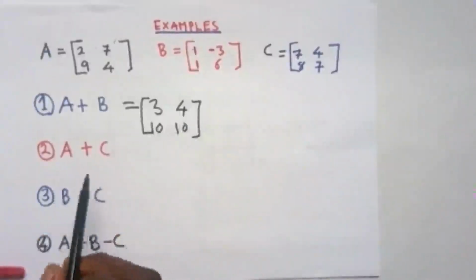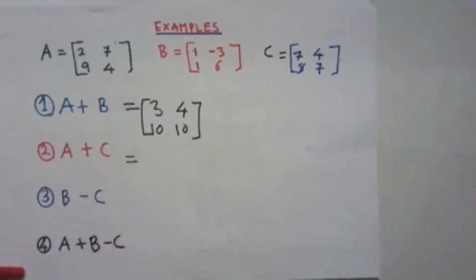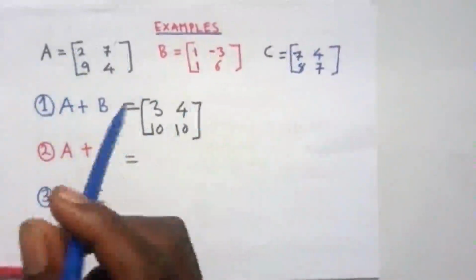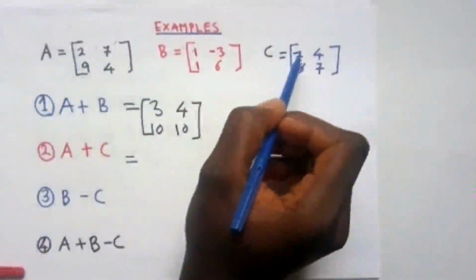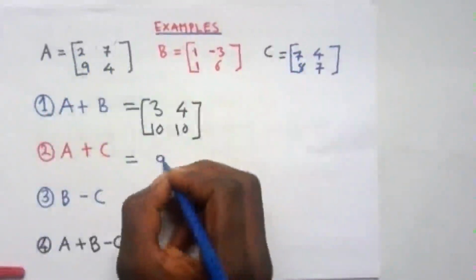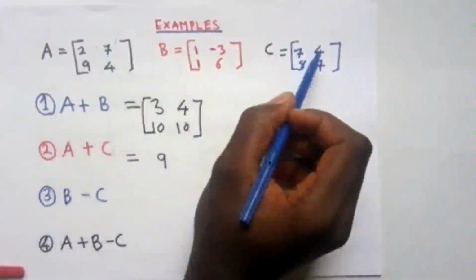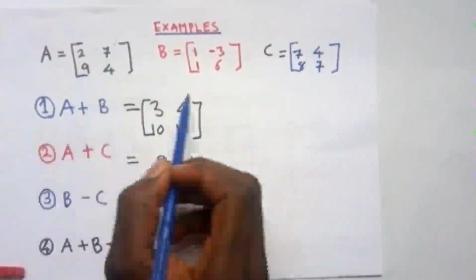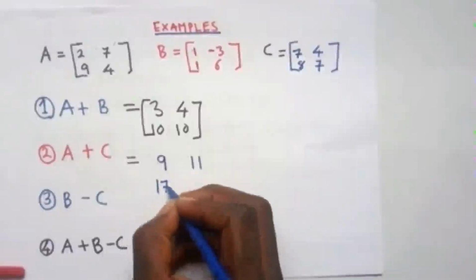Let's take the second example. A plus C. So we want to add matrix A to matrix C. Look at the way we do it. 2 plus 7 gives us what? 9. 7 plus 4 gives us what? 11. 9 plus 8 gives us what? 17.